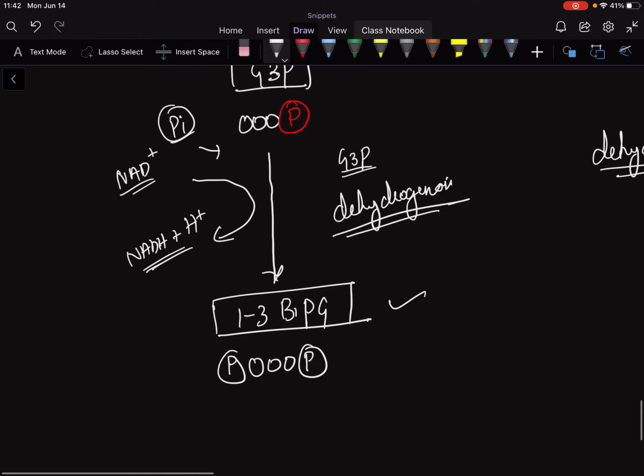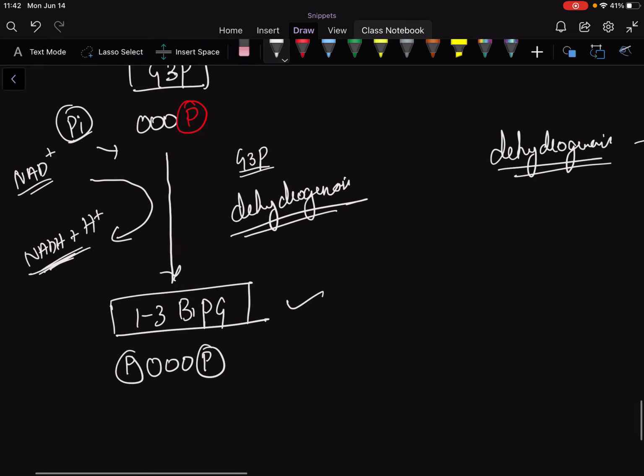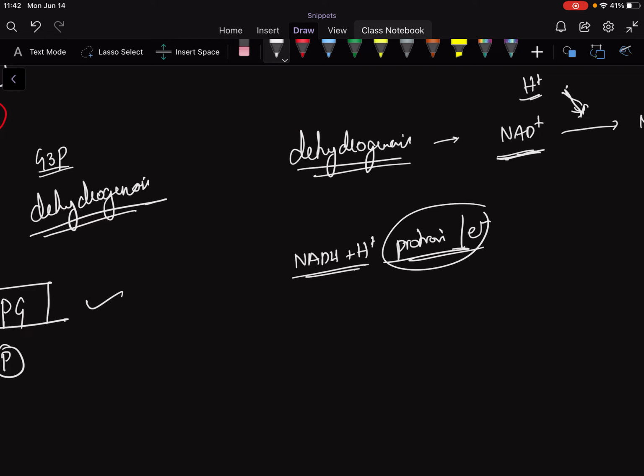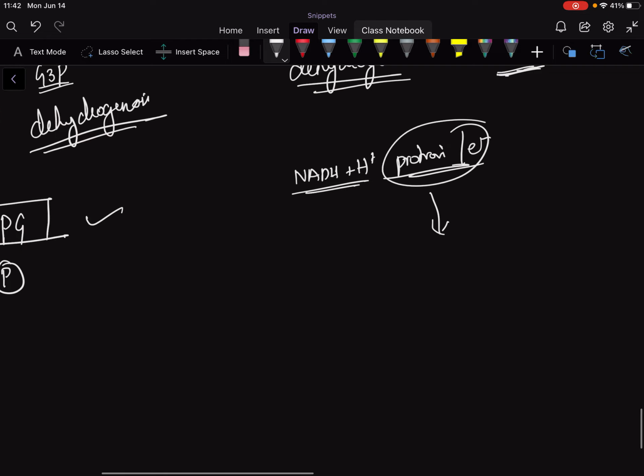So what is happening to this NADH and H plus? Normally NADH plus H plus are carrying protons and electrons, right? So these protons and electrons will enter the electron transport chain. I already told you that glucose enters glycolysis and then the Krebs cycle and finally enters the electron transport chain.